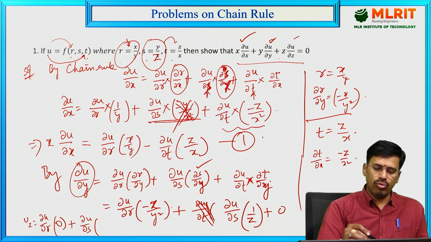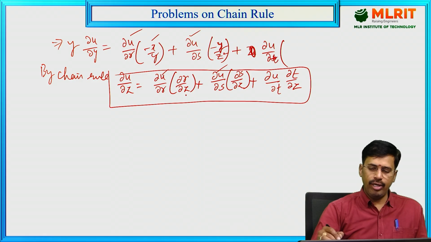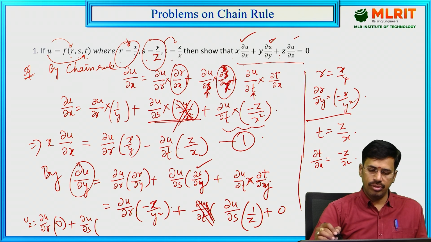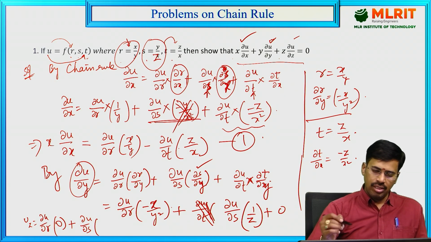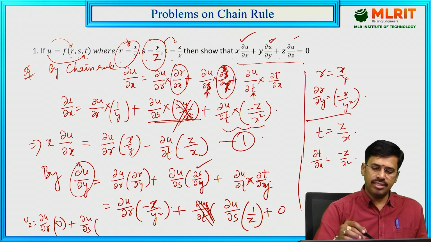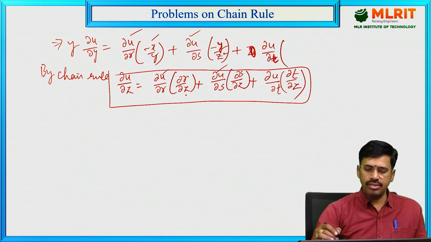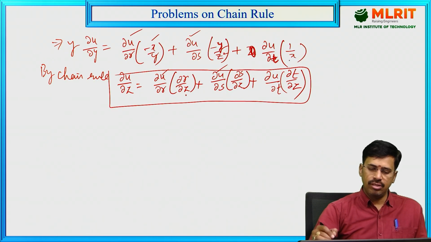With respect to z, if we differentiate s, we will be getting -y/z², plus ∂u/∂t into, what is ∂t/∂z? t is z/x. I want ∂t/∂z, that means 1/x. So I have to multiply this with z.